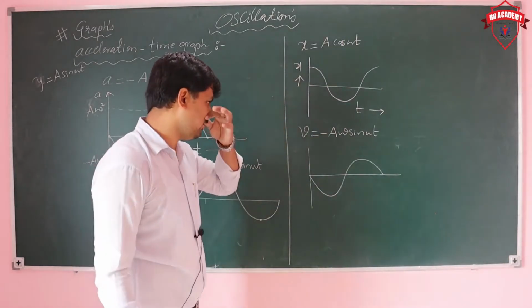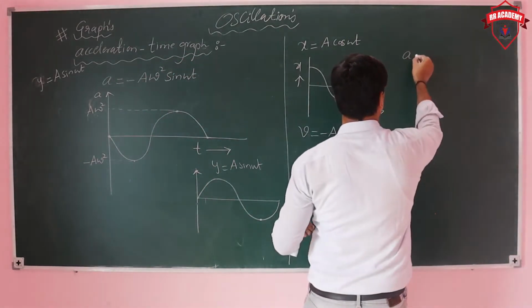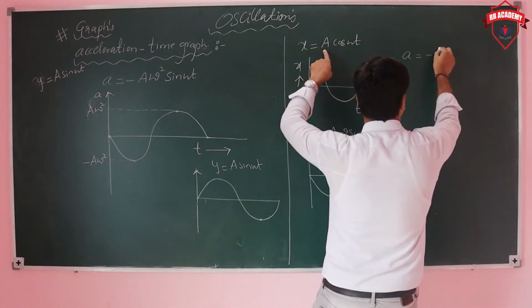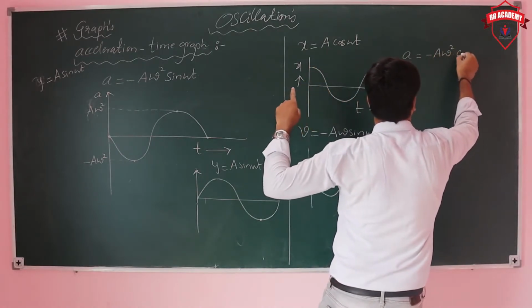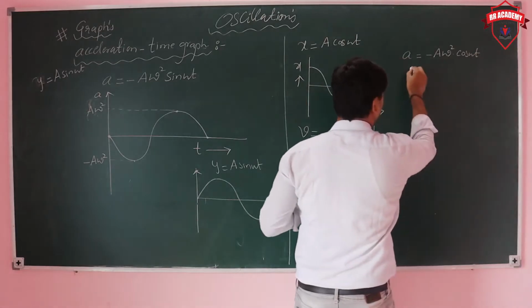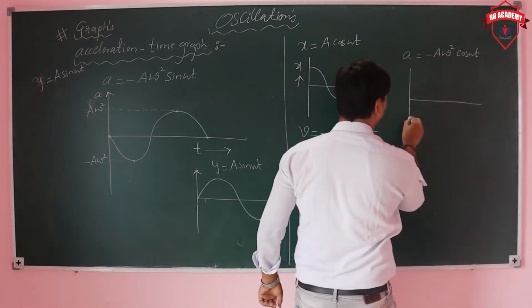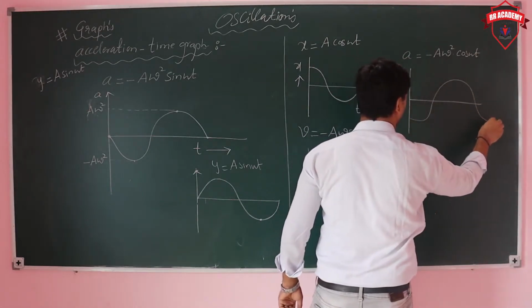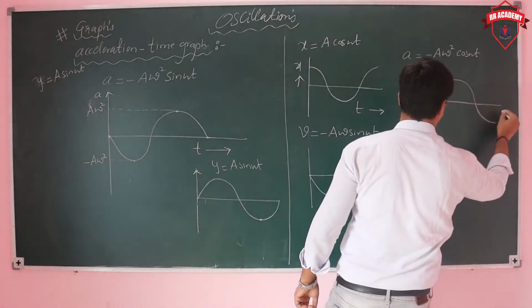And for the acceleration graph, since it is cos, it is minus omega square cos omega t. Compulsorily, whatever graph you take, it must be opposite to the direction of the displacement.